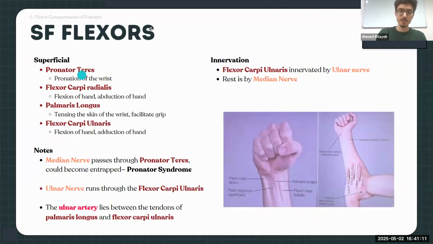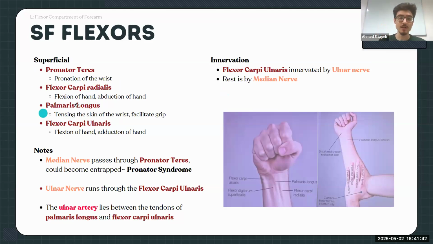So let's talk more about each compartment, starting with the superficial flexors. In your superficial layer, you only have 4 muscles. If you remember from your class, it was pass, fail, pass, fail. These muscles are your pronator teres, which is responsible for pronation, flexor carpi radialis, which is responsible for flexion of the wrist and abduction of the hand, which is any lateral deviation.